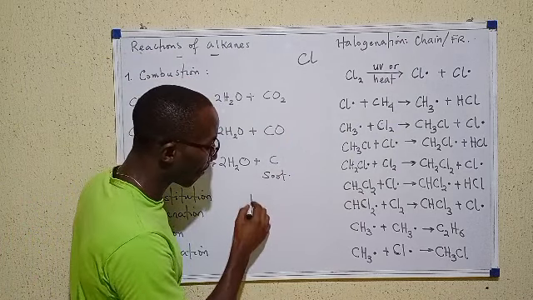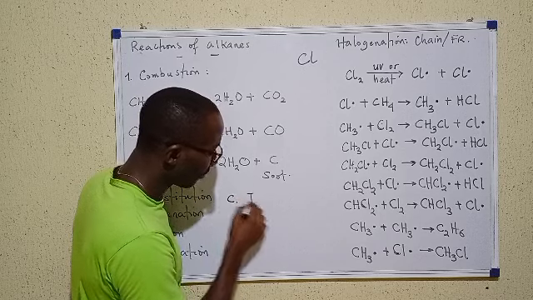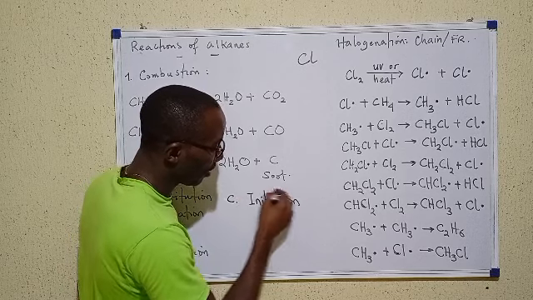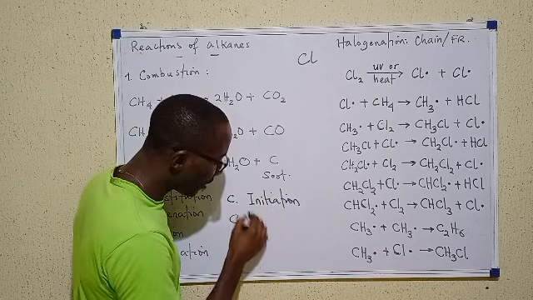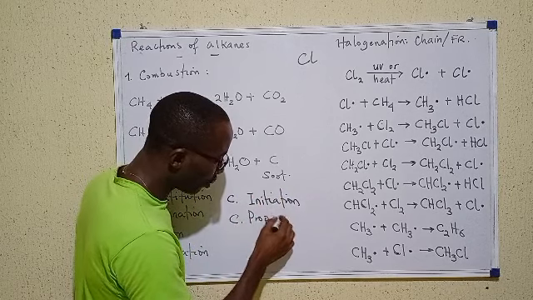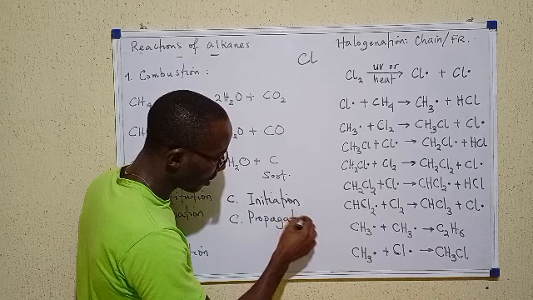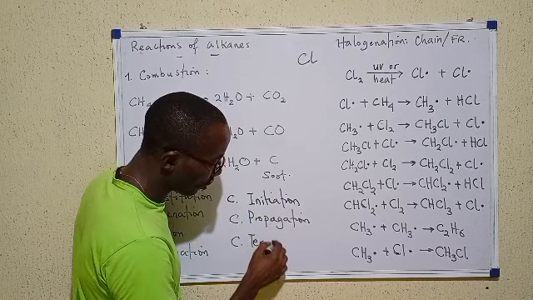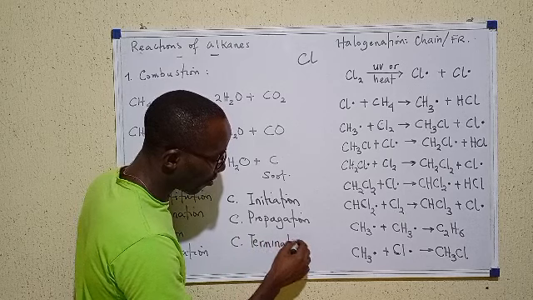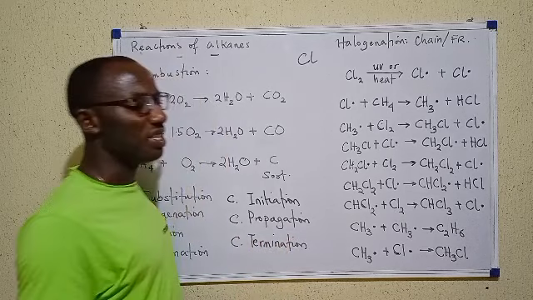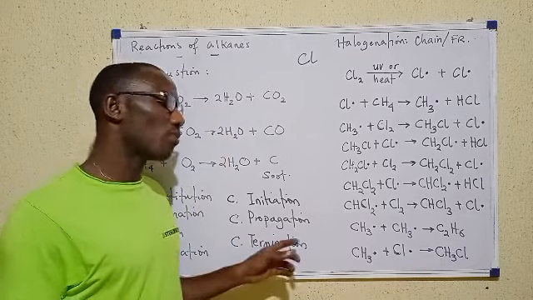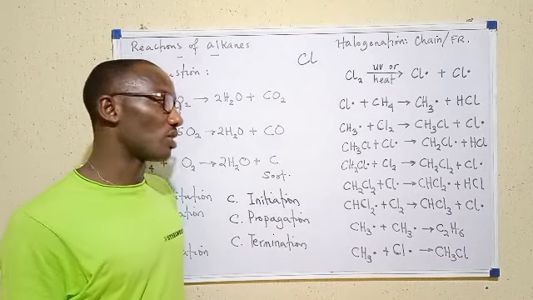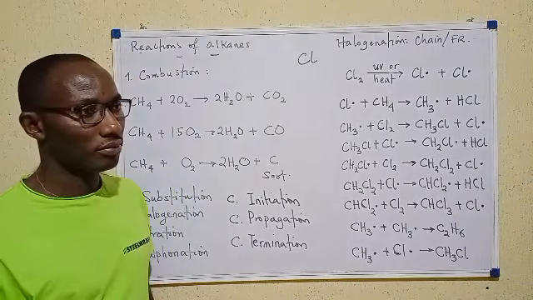We call them chain initiation, then chain propagation, and finally chain termination. So you may try to remember IPT, initiation, propagation, and termination of the chain. Those are the 3 steps of a chain reaction.